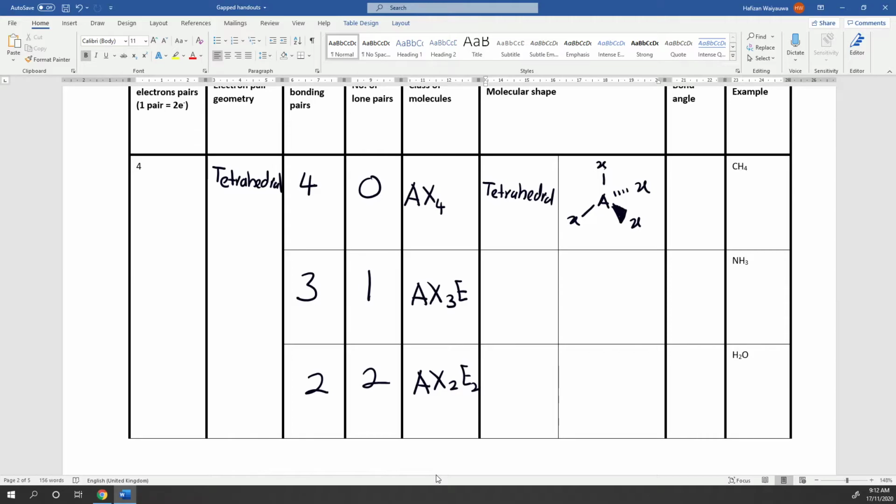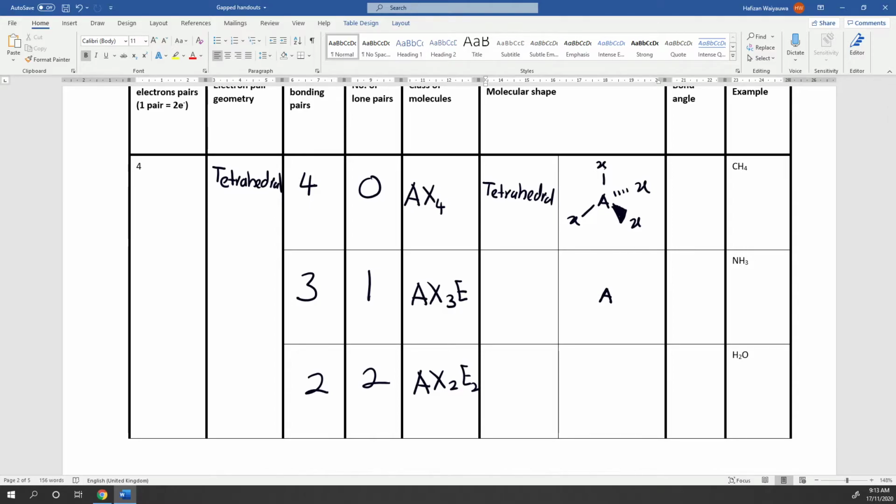Okay. Now, bila kita replace one of the terminal atom with lone pairs. So what happened is kita boleh replace mana-mana satu.